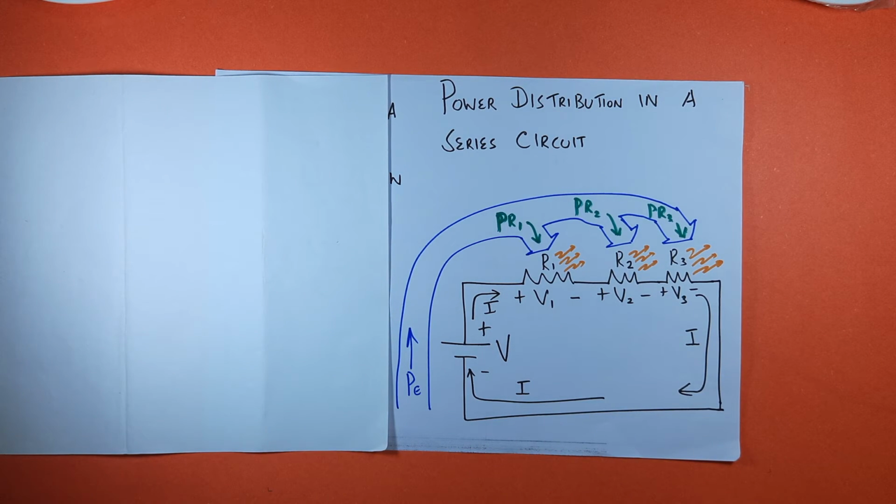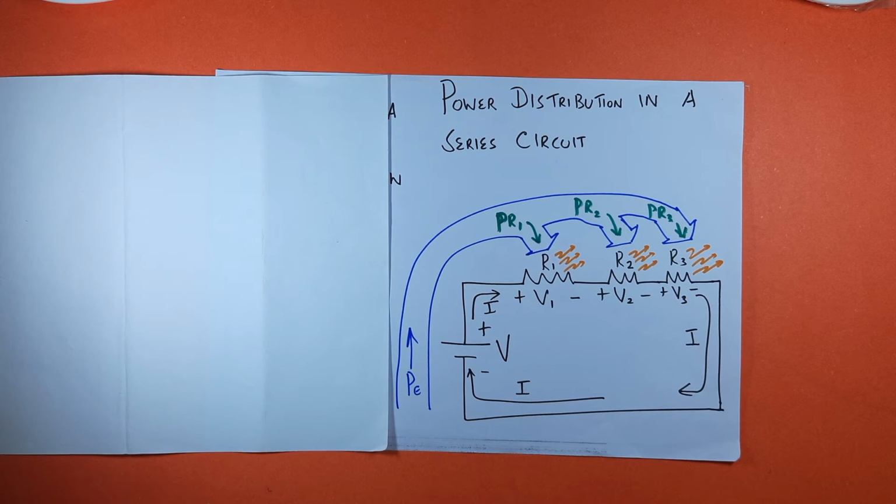I have already told you, whenever current flows through a resistor, a voltage will be dropped across the resistor. And of course, we are talking about the conventional current.